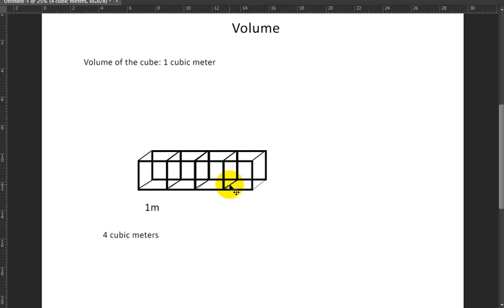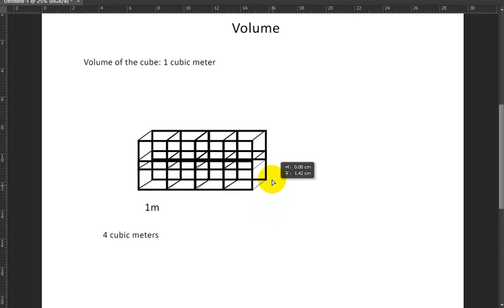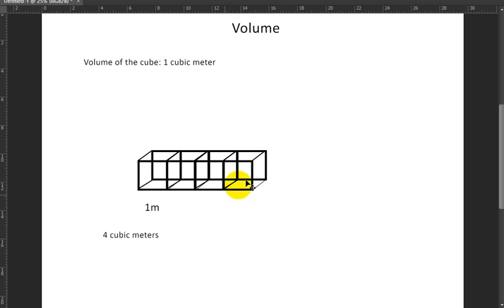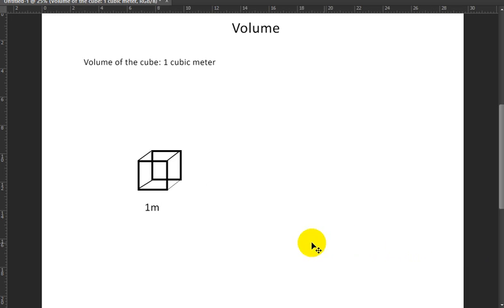But what if we added another 4? And actually, you know what? Because this is getting a little confusing with the lines, we're going to give them faces, actually. So let's actually give one face, I'm going to give one face color, just to tell it apart from the rest.